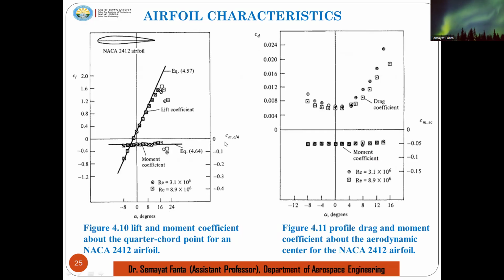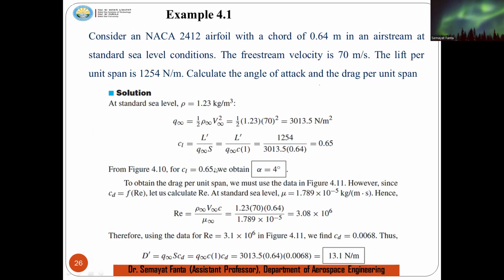This is the CL versus alpha graph and also the CM versus alpha graph, and the second one indicates CD versus alpha. Also, CMAC is the moment coefficient at the aerodynamic center, and CM c/4 means the moment coefficient at the quarter chord point. So that is the representation.